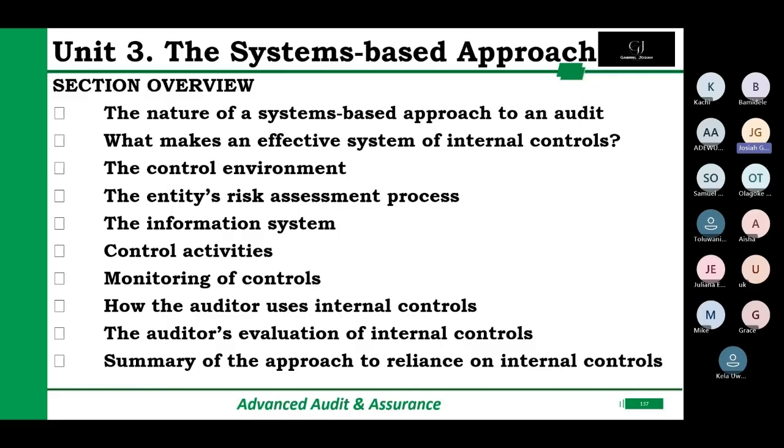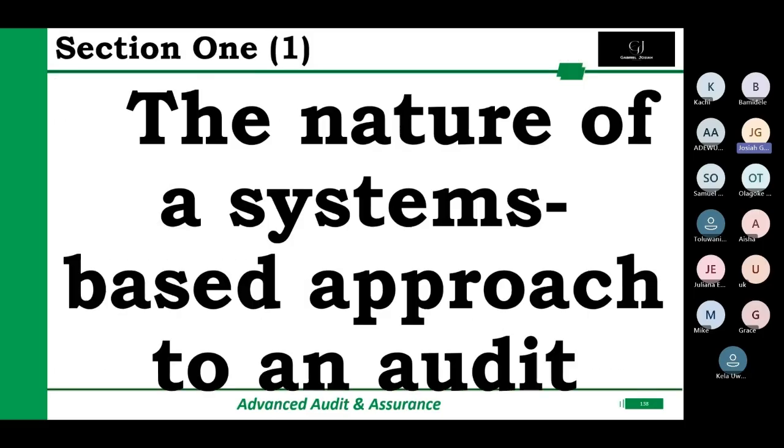These five are the five components of internal control based on the COSO framework. Then we'll look at how the auditor uses internal controls and the auditor's evaluation of internal controls. Then we'll summarize the approach to reliance on internal controls.